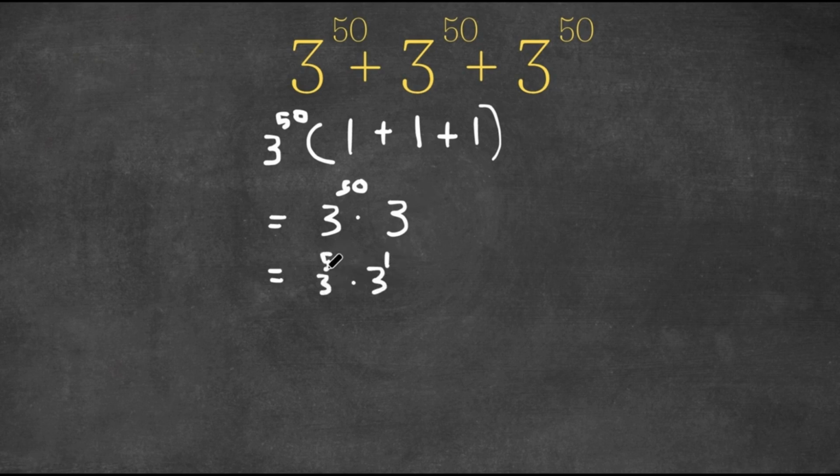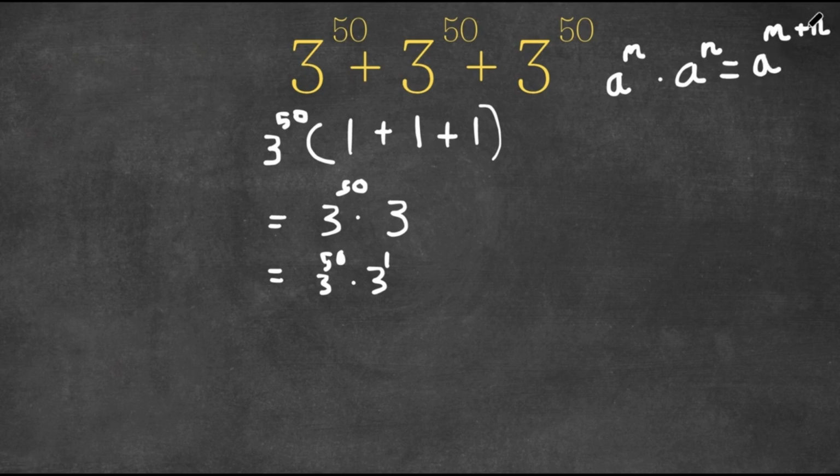And whenever we're multiplying exponents with the same bases, which in this case is 3, if we have something in the form a to the power of m times a to the power of n, we actually just keep the base the same, so a, and we add the exponents. So m plus n.